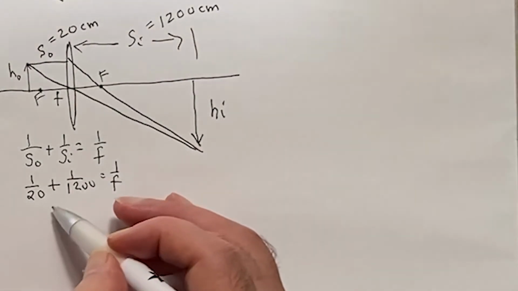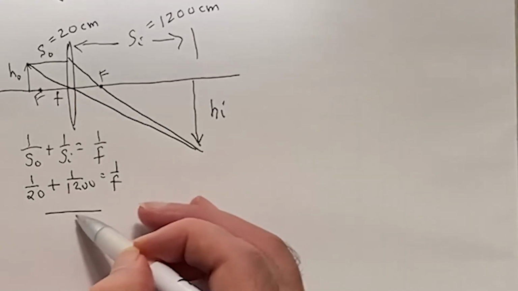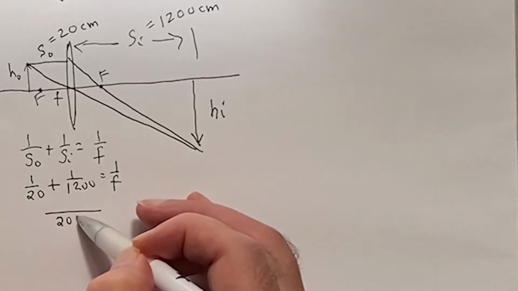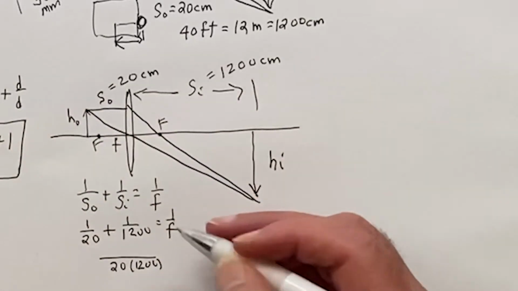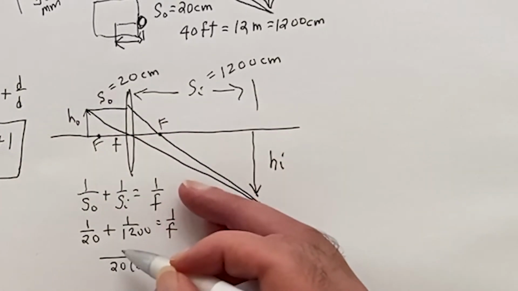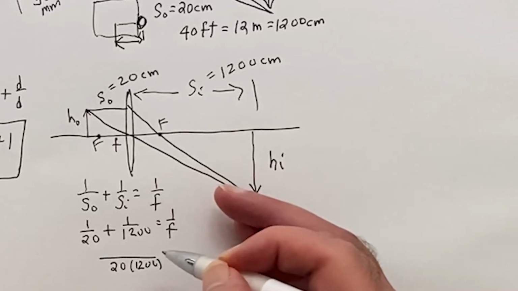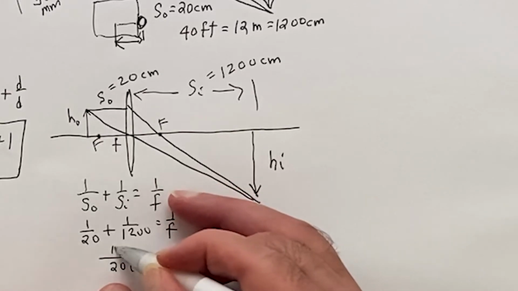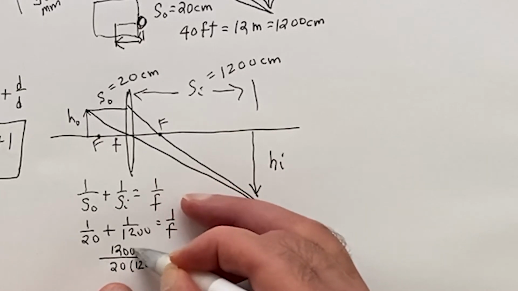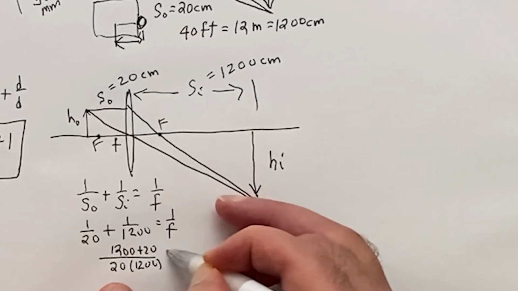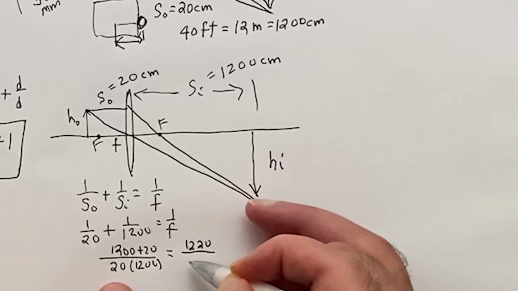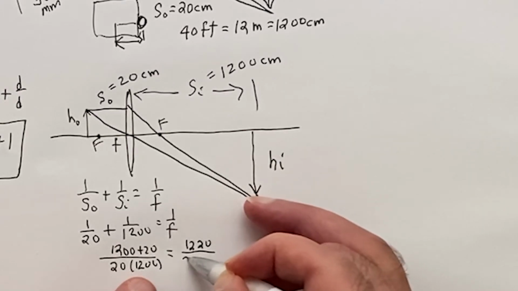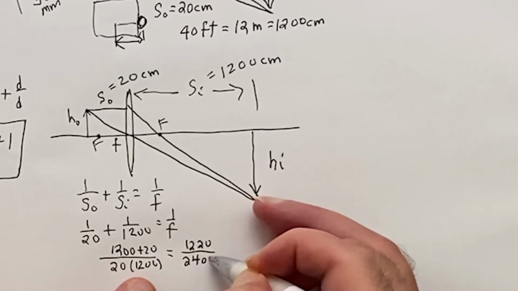So here, we'll go ahead and do some math. 20 times 1,200, over taking your 1,200 and adding 20, 1,220, which is 24,000 over 1,220.